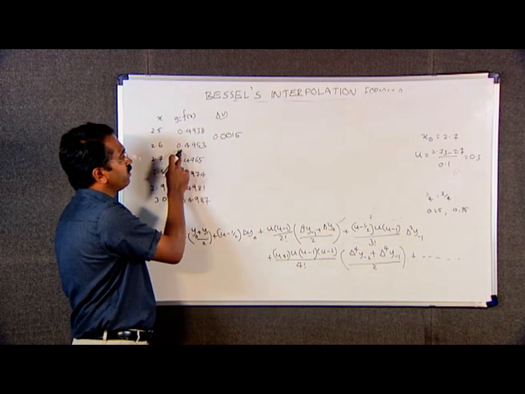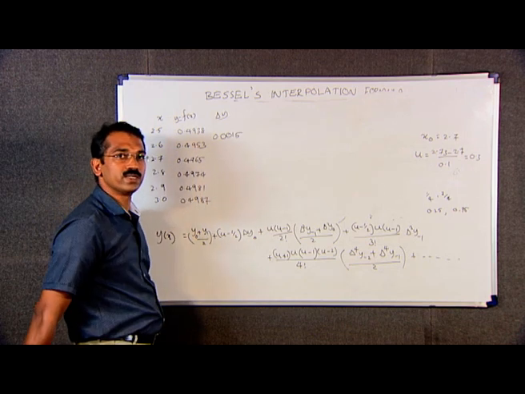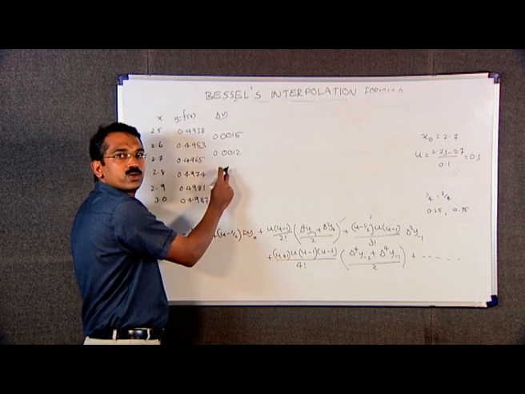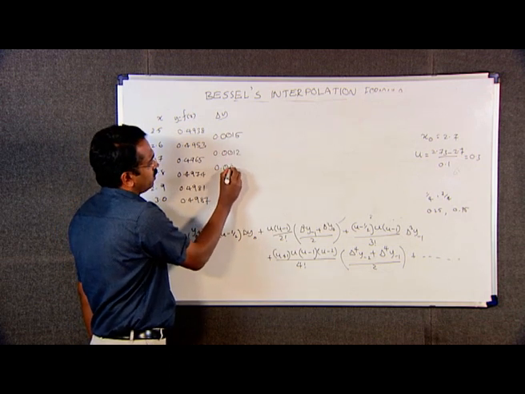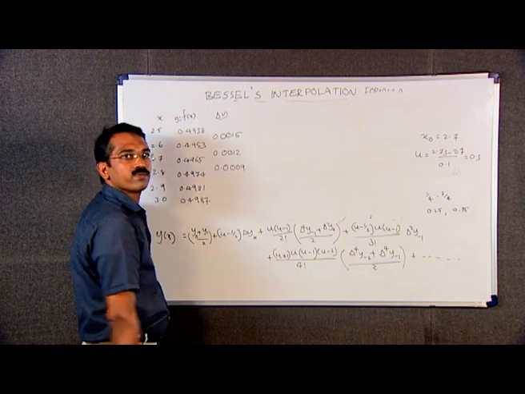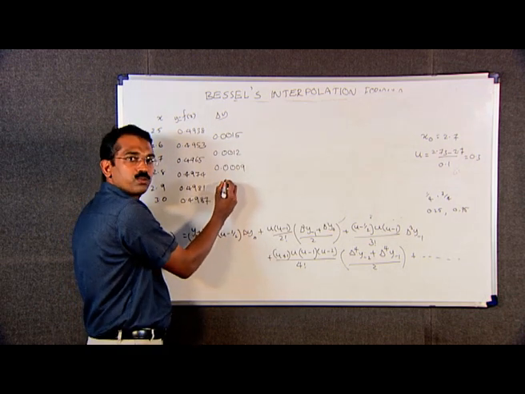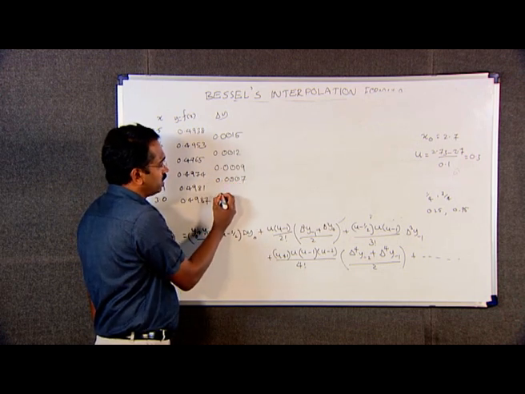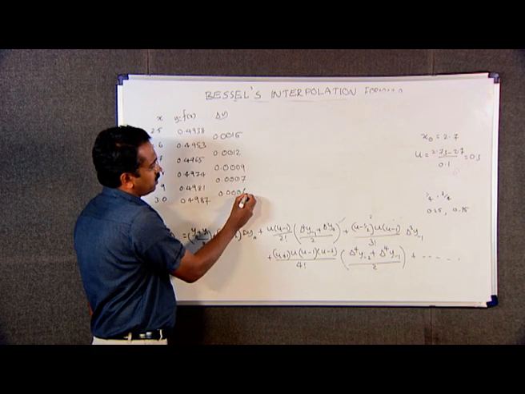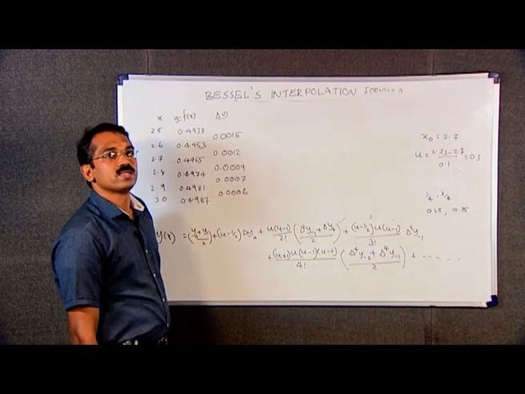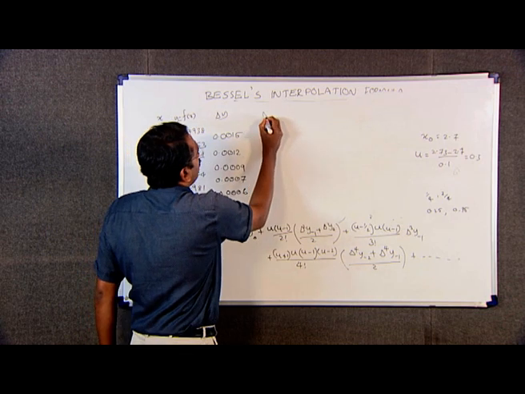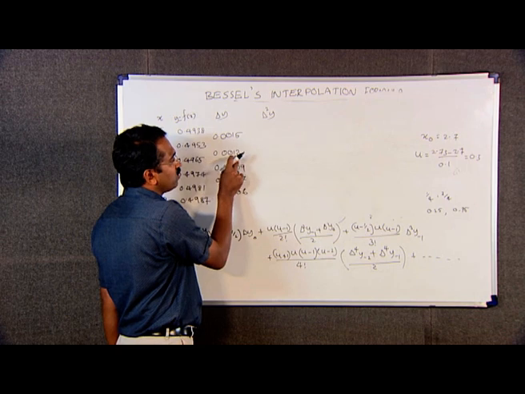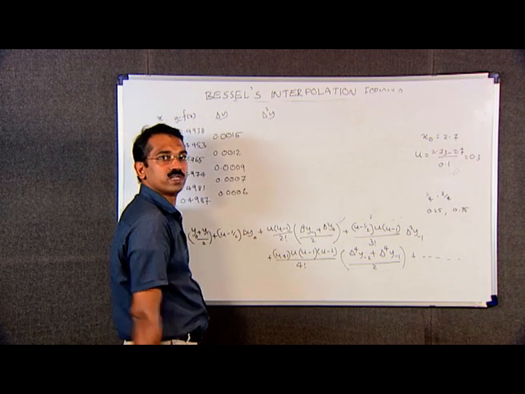Next is 0.4965 minus 0.4953, which is equal to 0.0012. Next one is 0.0009, next one is 0.0007, and the last one is 0.0006.